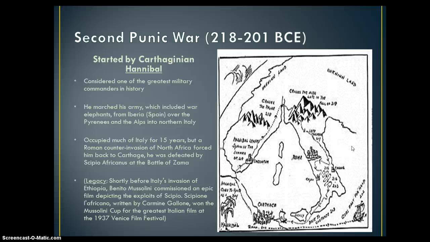He occupied much of Italy for 15 years, but a Roman counter-invasion of North Africa forced him back to Carthage. He was defeated by Scipio Africanus at the Battle of Zama. And just to say on this one point, shortly before Italy's invasion of Ethiopia in modern times, Mussolini commissioned an epic film depicting the exploits of Scipio, and he had this film that was celebrated in 1937.